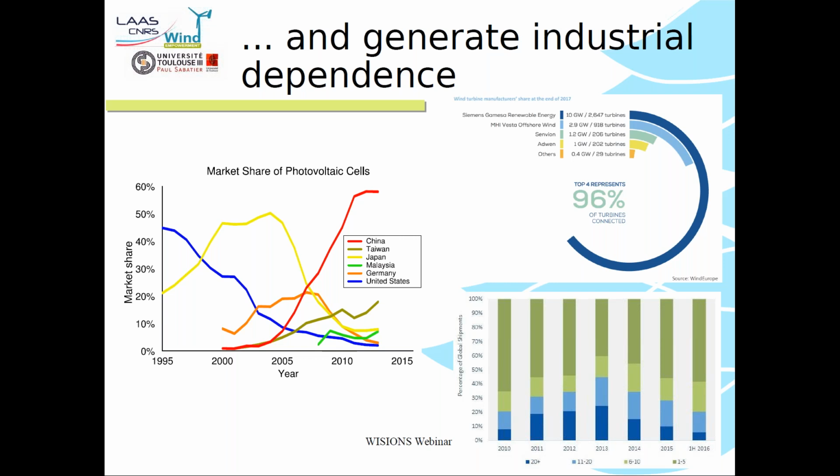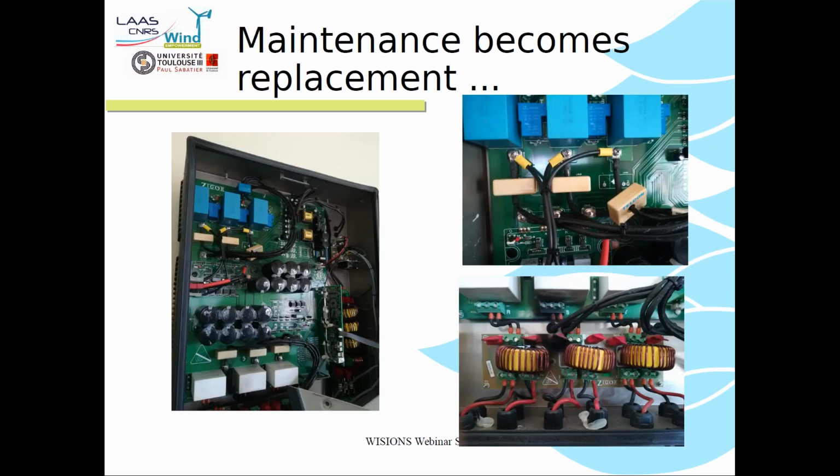On the lower right-hand side, this is more interesting for us. You see the share of production of inverters in the world, and the blue represents all of the manufacturers in the world, and the green represents the top 3, something like that. So this shows that in the end, maintenance becomes replacement.